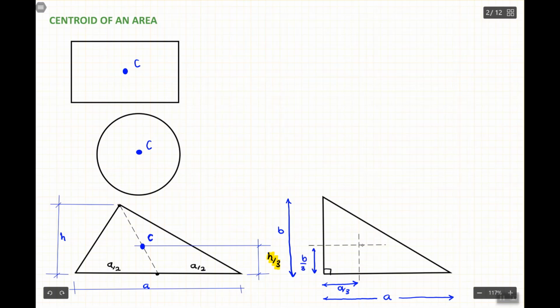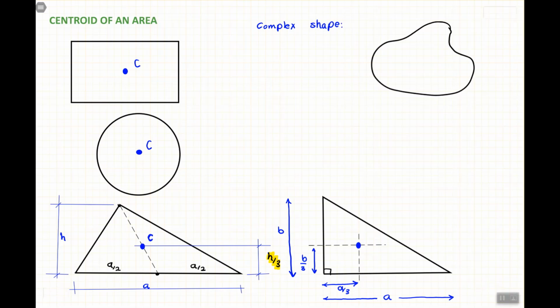So we can prove the centroid for this triangle is this one. So these are basically some simple shapes, but when it comes to more complex shapes, let's say any complicated shape that has a random form, first of all, we select an axis.